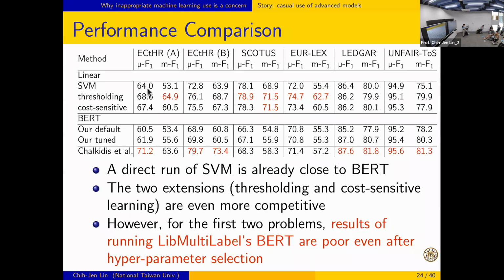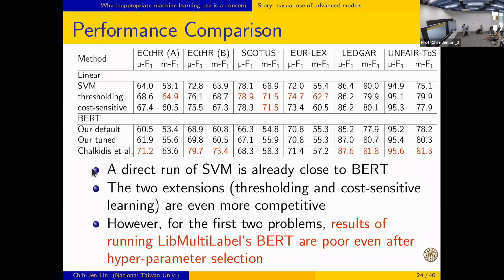Now from 64 to 68.6. So that's closer to 71. And actually it gets the best macro F1, better than BERT. And for the second problem, from 72, now we reach 76. And the 63, now we have 68. Therefore, we can conclude that the 2 extensions are even more competitive. So it looks like for those data sets, linear methods are very useful.